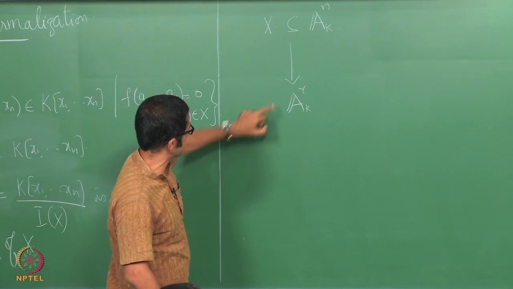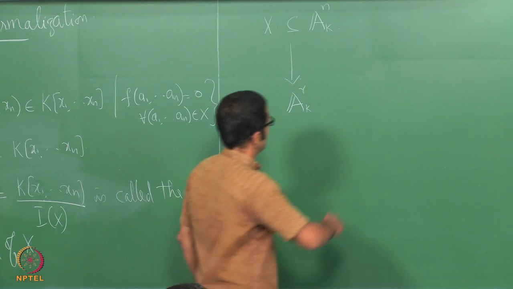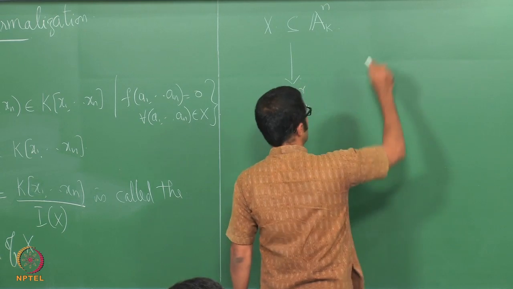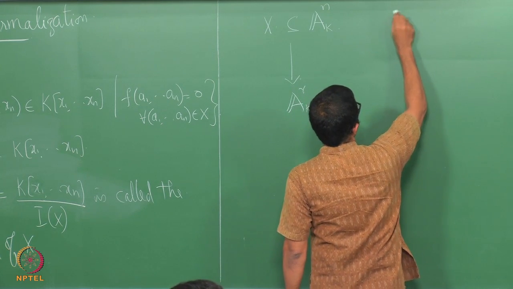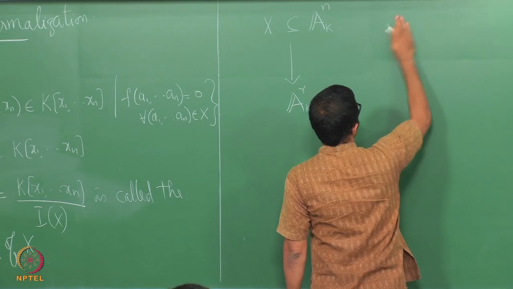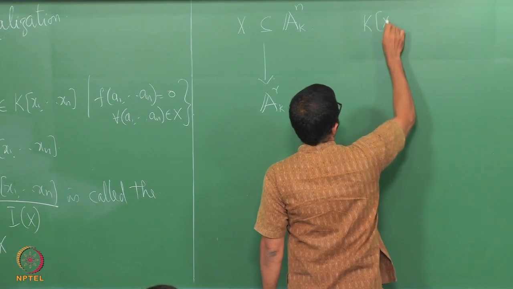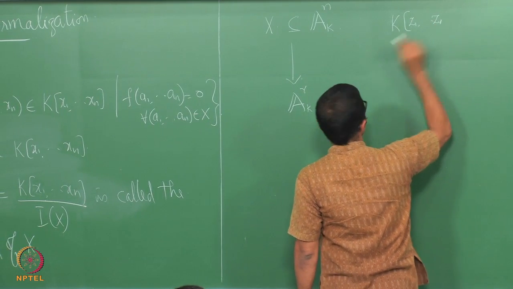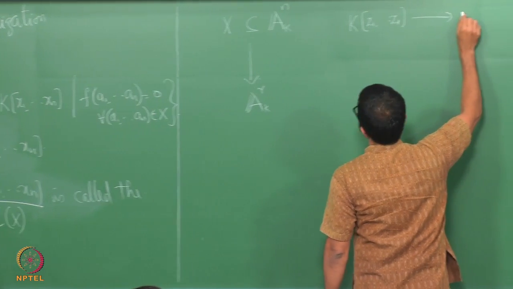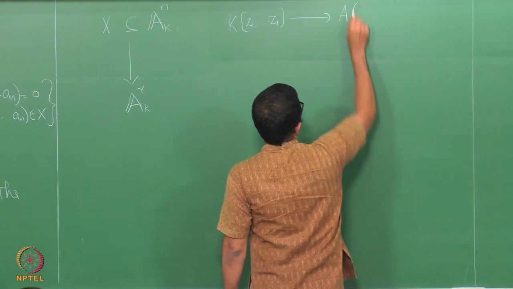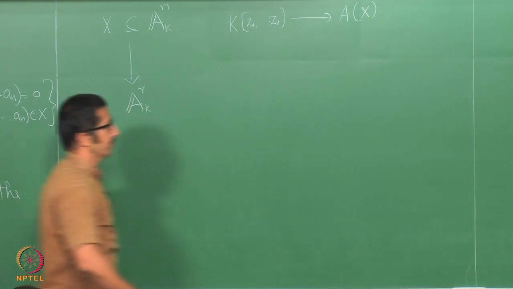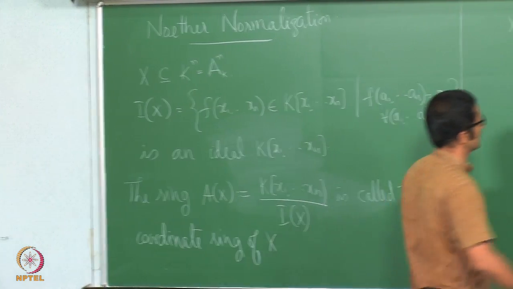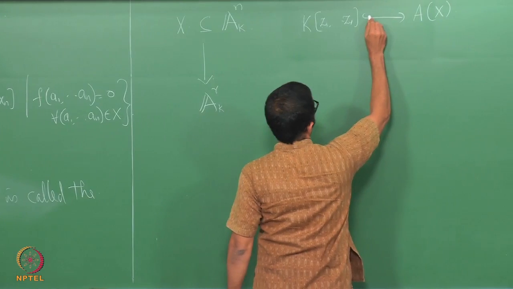Suppose I have a surjective map like this, then I have an injection from K[z1, ..., zr] to the coordinate ring A(X). So, this is an injective map.